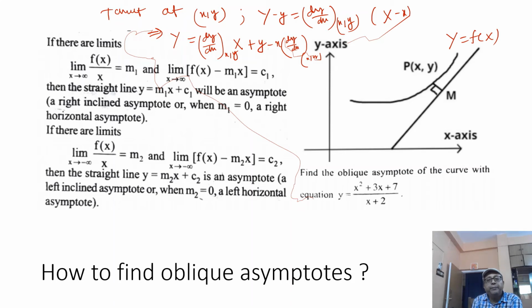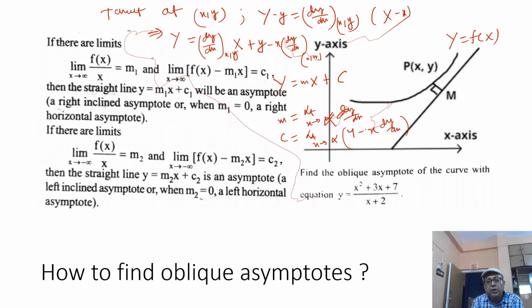Now if we compare this equation with y = mx + c, then the value of m is the limit as x tends to infinity of dy/dx, and c is going to be what? That is again the limit as x tends to infinity of (y - x dy/dx).